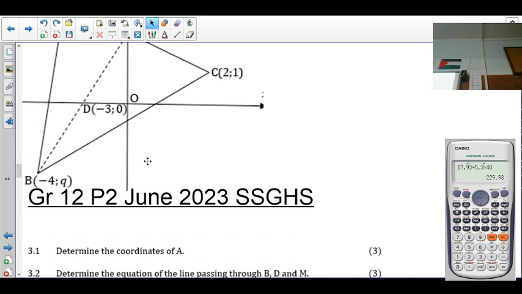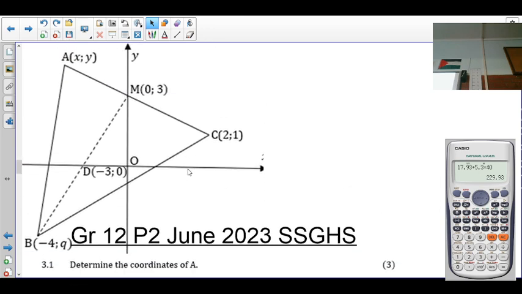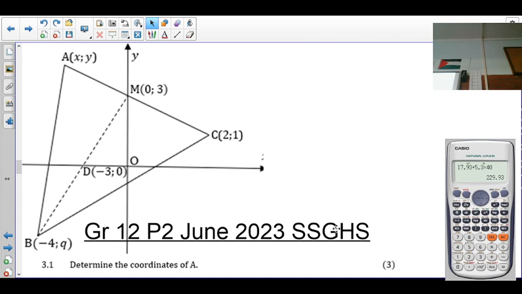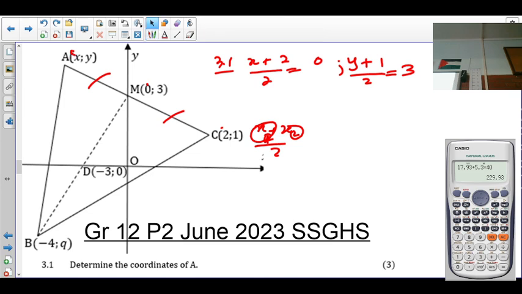First question: determine the coordinates of A. We know that this is the midpoint. So x plus 2 over 2 is equal to 0, and y plus 1 over 2 is equal to 3. People, x1 plus x2 over 2, these are the endpoints of the line segment.